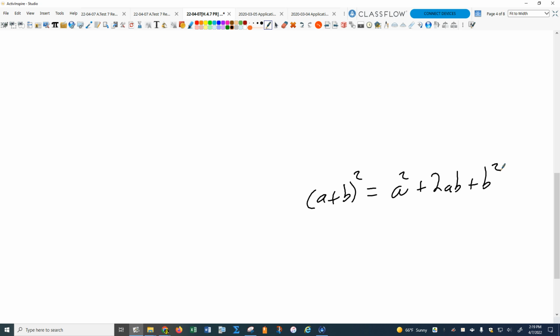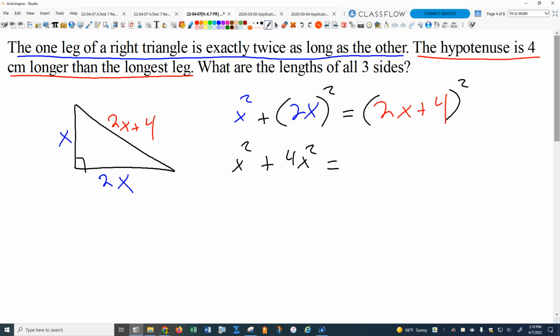Even if you don't, that's okay. You could also just FOIL out 2x plus 4 times 2x plus 4, right? Either way, I'm going to get the same answer. So if we use a squared plus 2ab plus b squared, that's going to give me 2x squared plus 2ab, 2 times 2x times 4, plus b squared is 4 squared. Okay, everybody good?